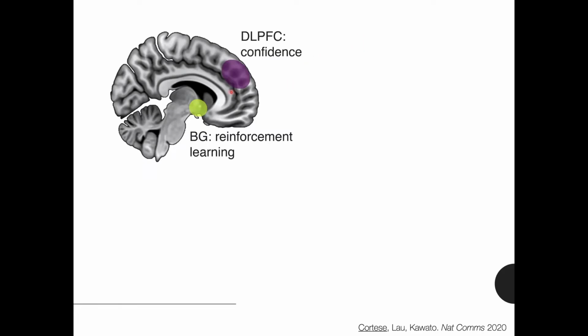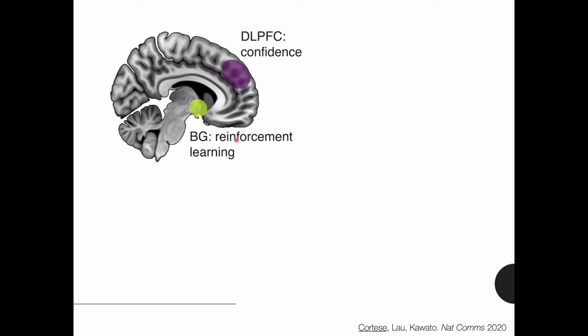So we looked at the multivoxel activity patterns in the DLPFC, which in the past have been associated with confidence. And we looked also at the activity patterns in the basal ganglia, which we know is where reinforcement learning processes are harbored and general prediction error signals are found.